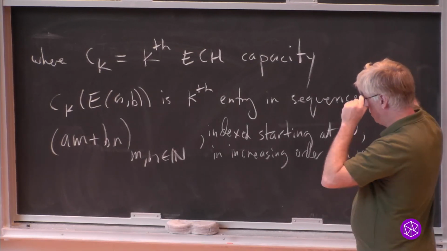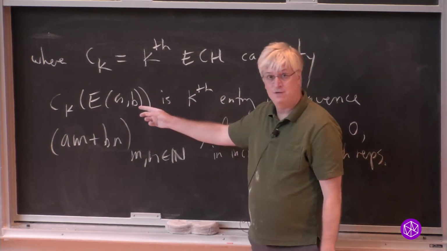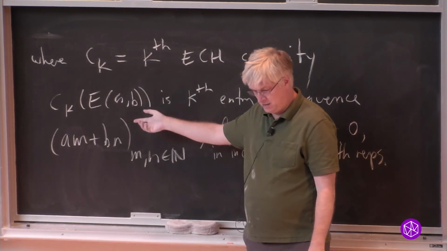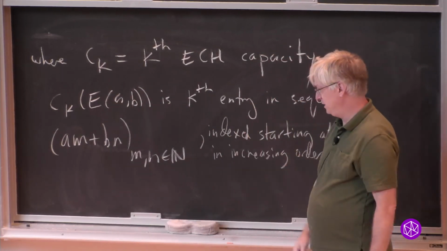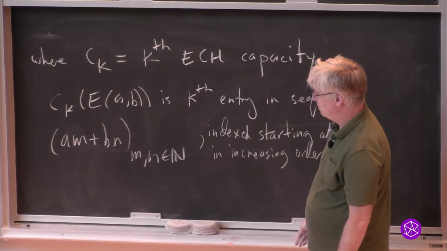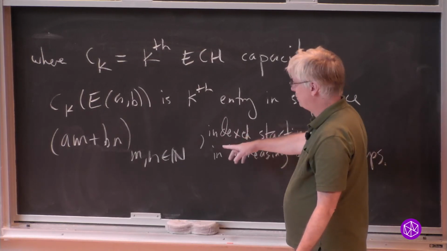So you just look at all non-negative integer linear combinations of A and B, you write them in order, and the kth entry is the kth ECH capacity. That's the combinatorial formula for it.